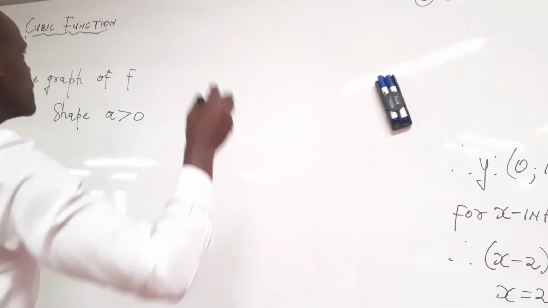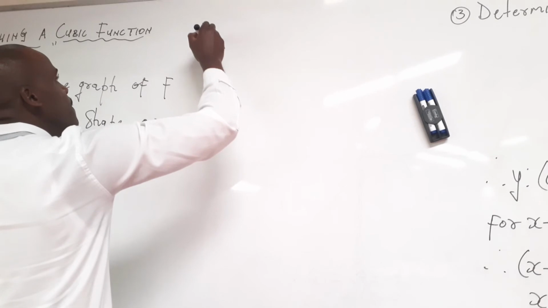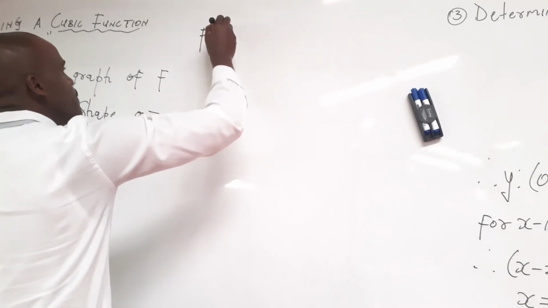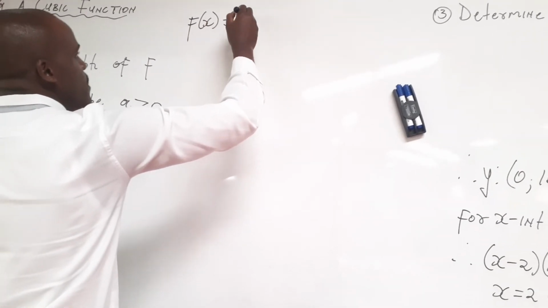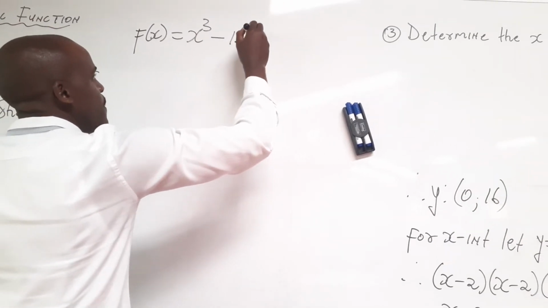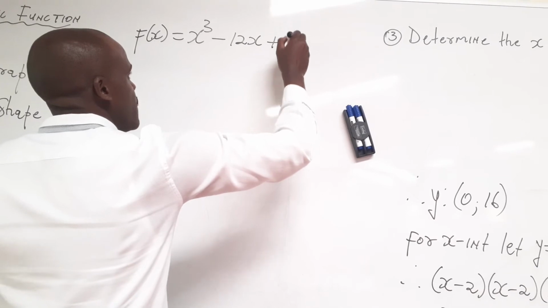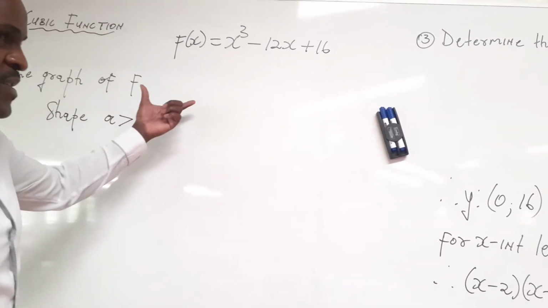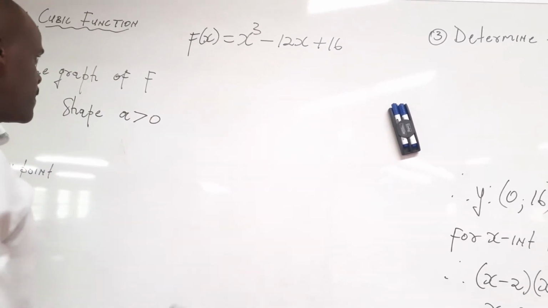The equation x cubed. Right, let's find the stationary point.